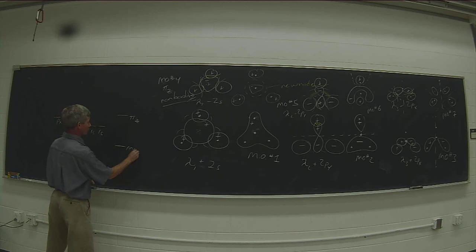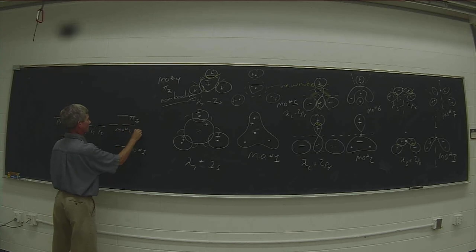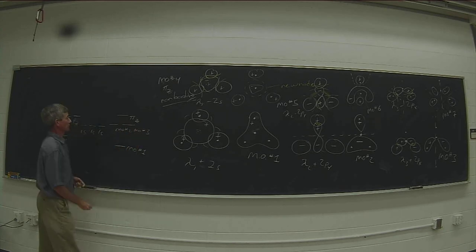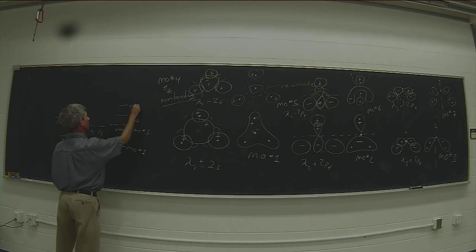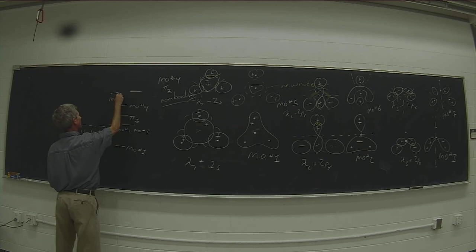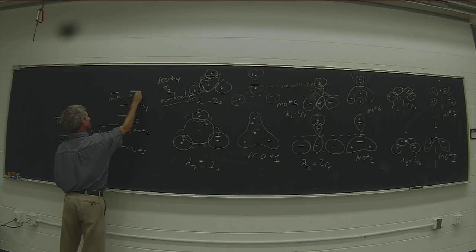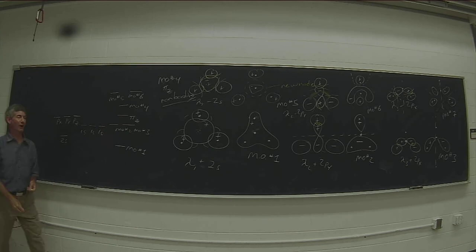We have MO number 1 way down here. And we have MO number 2 and 3 a little higher in energy. And then we have MO number 4, and MO number 5, MO number 6.